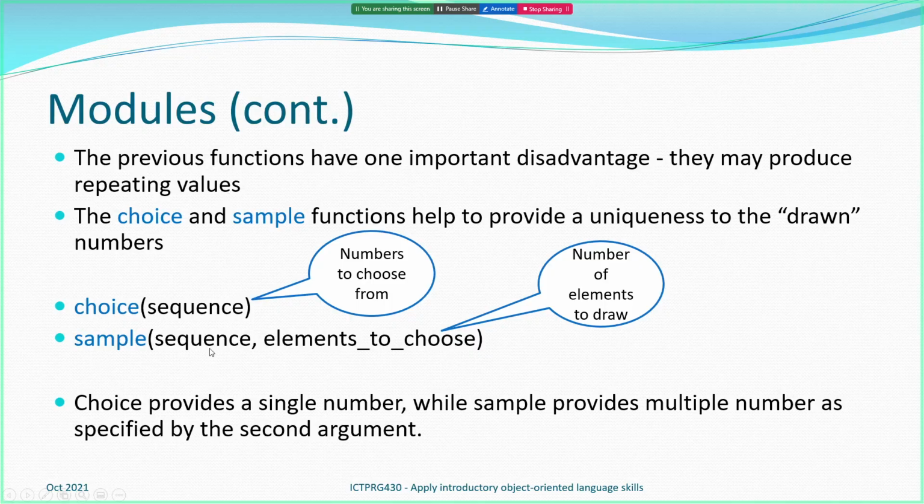So you specify the sequence of numbers to choose from, and how many of those elements in that sequence to extract. So that your sequence is basically a list.